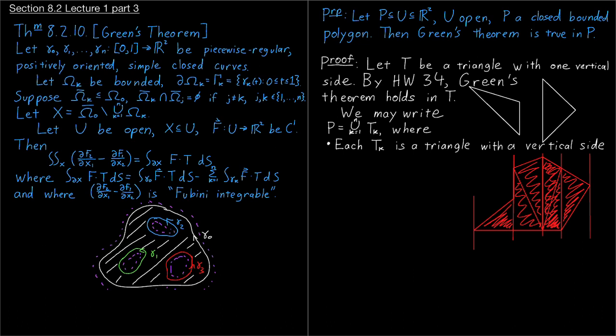And if you've got two triangles that intersect each other, well, either they're in separate strips, and the only place they can possibly intersect is on their boundary, or they are two triangles within the same strip, and then again they can only intersect along their boundary.